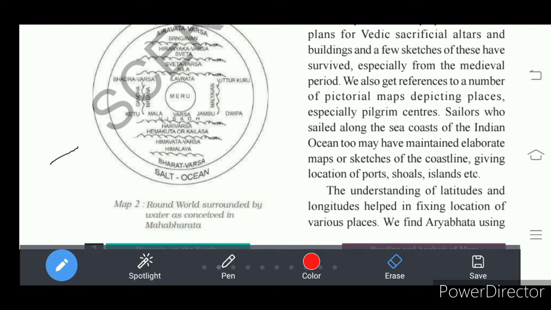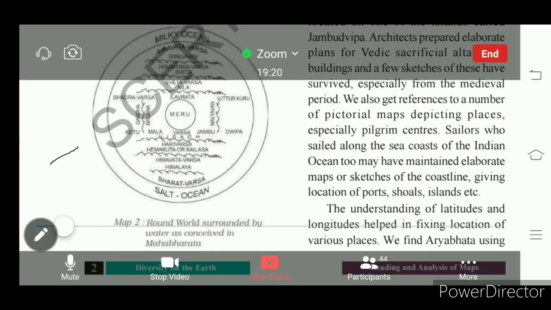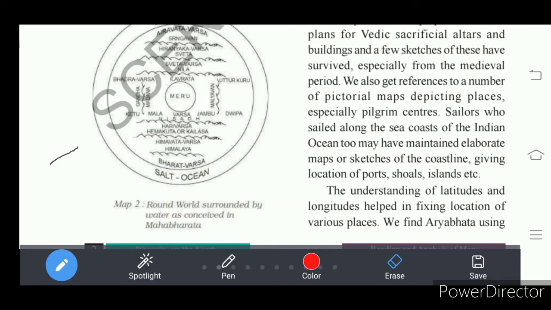They felt that the world is surrounded with water, that is the salt ocean. Look here, the salt ocean is given surrounding the world. This is the word salt ocean, right?